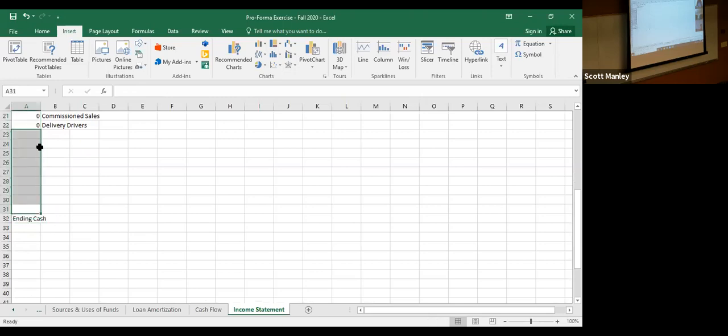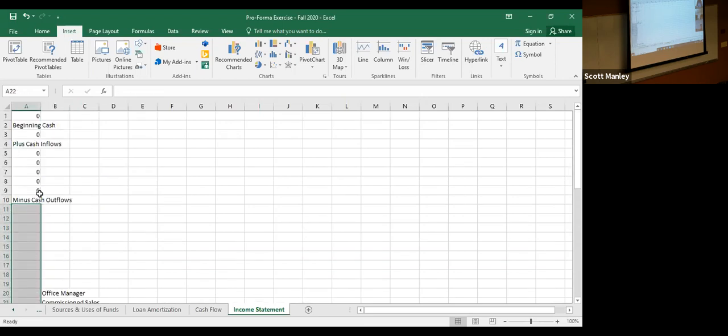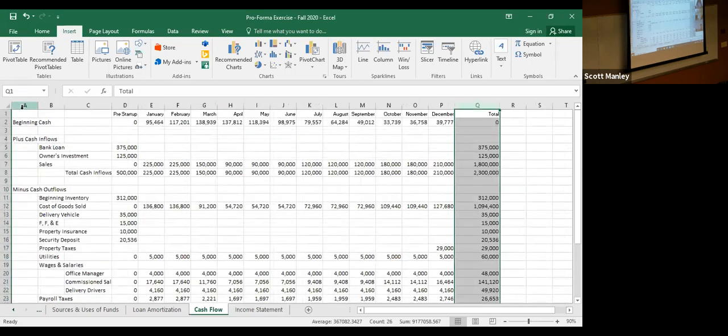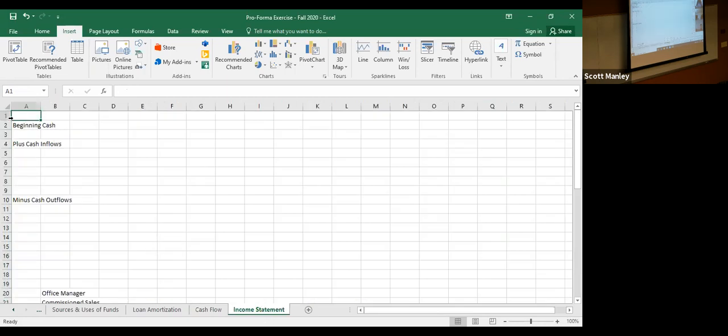And I've got some cells that have zeros in it. All that I'm doing here, y'all, is I'm copying what's in those cells on my cash flow into the corresponding cells on my income statement, right?